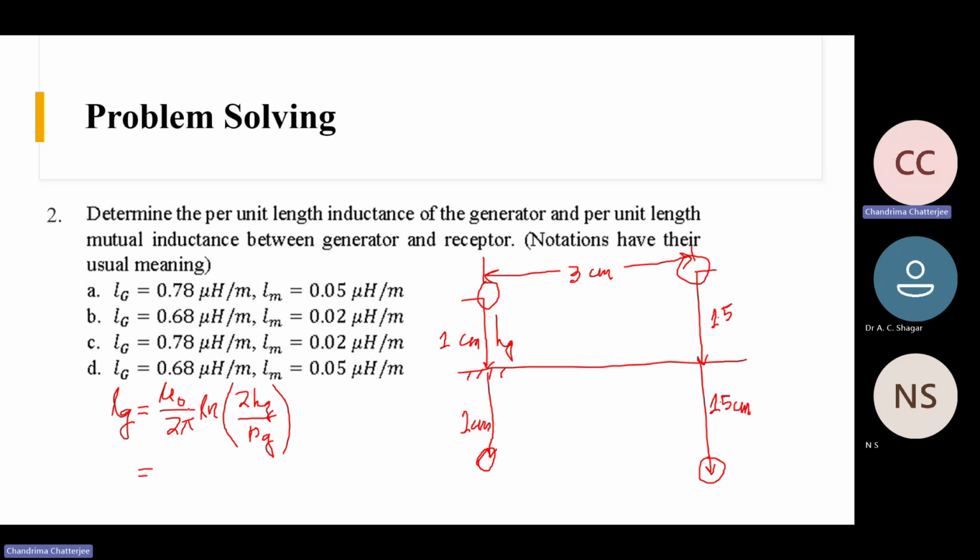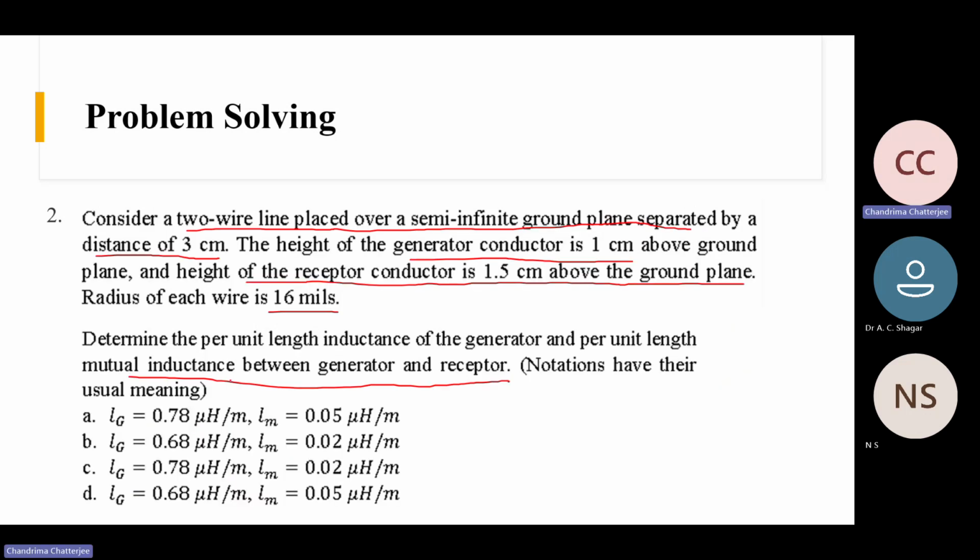So mu naught is 4 pi times 10 power minus 7. And in the denominator, we have 2 pi. So this becomes 0.2. If we take the unit as microhenry per meter, then this becomes 0.2 ln, 2 because Hg is 1 centimeter. And what is Rg? The radius is given. Radius of each wire is 16 mils.